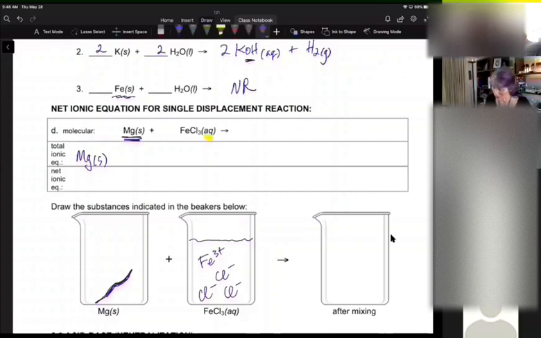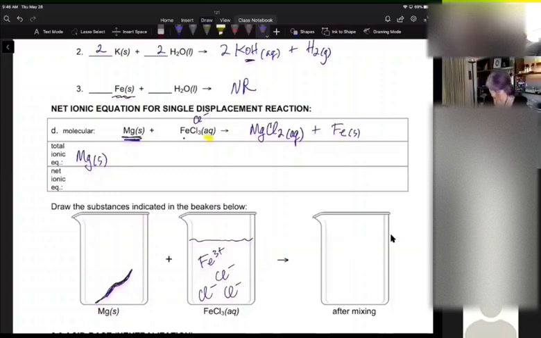The magnesium is going to displace the iron and it's going to combine with the chloride. By rule number 3, chloride makes it aqueous. And then the other one left over is going to be iron, and that will form the solid. Iron is less active, so it forms the solid, and it tends to stay solid.